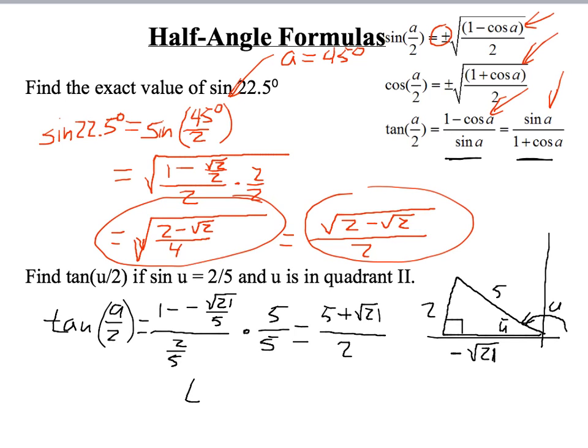And so the tangent of u over 2 equals 5 plus the square root of 21 all over 2.